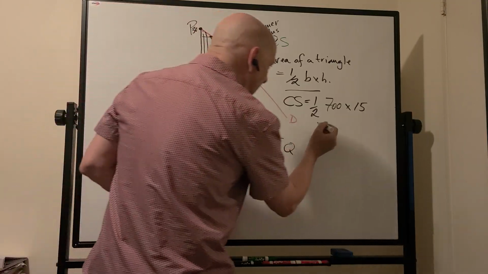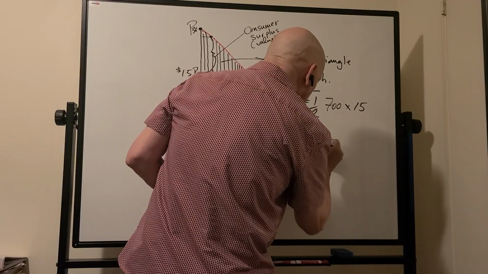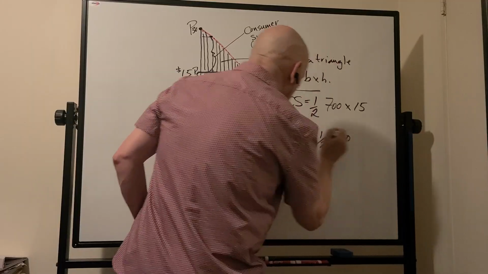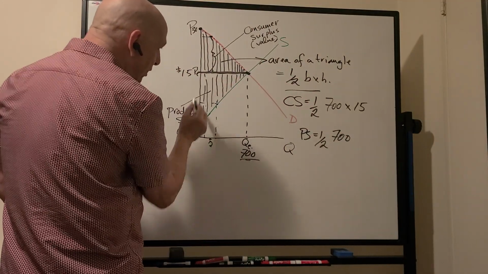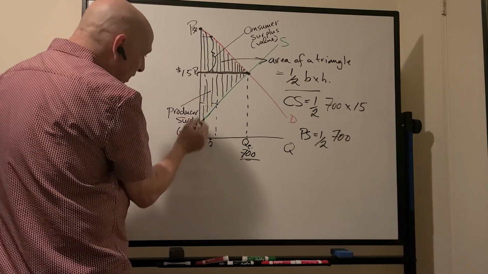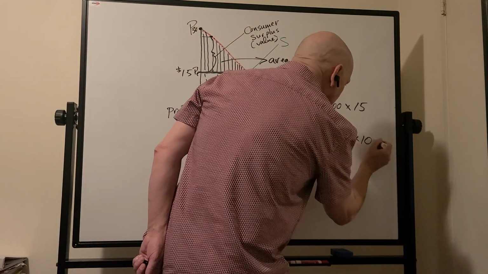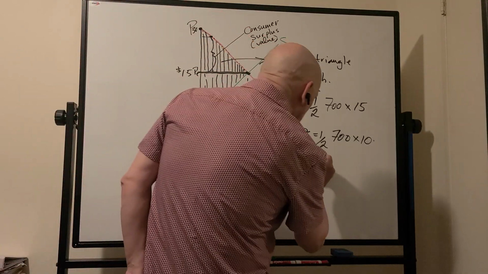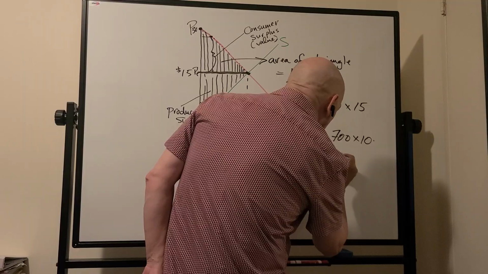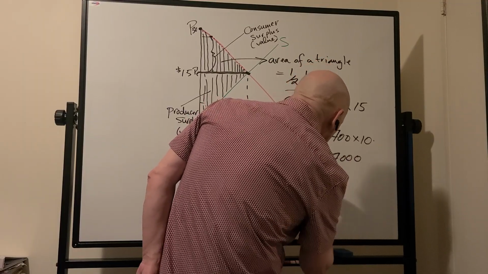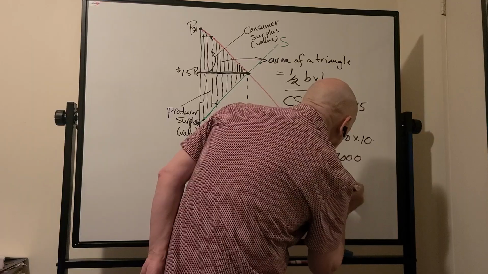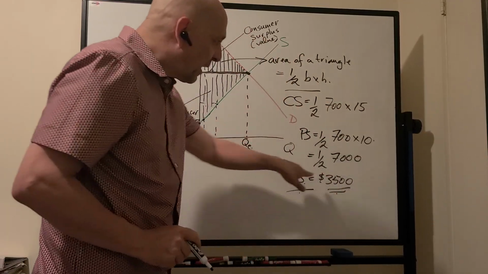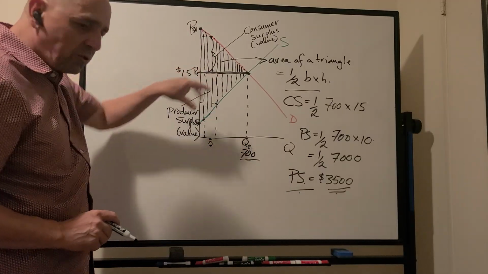So we've got, once again, producer surplus equals 1/2 of 700, our quantity, our base is 700. Our height is the 15 minus the 5, so times 10. And we can do that calculation as well, right? So this one's easy for me to calculate. 1/2 of 7,000 equals 3,500. So the producer surplus is equal to 3,500 because we've calculated the area of this triangle.